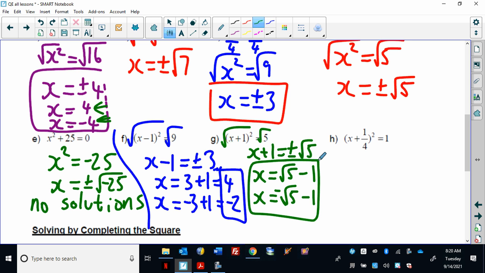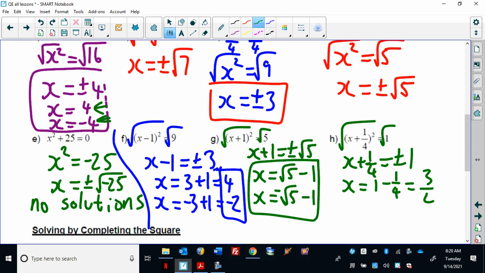And the same thing with our last example. Square root, x plus a quarter equals plus or minus 1. X therefore equals 1 minus a quarter, which equals 3/4, and x equals negative 1 minus a quarter, which equals negative 5/4.